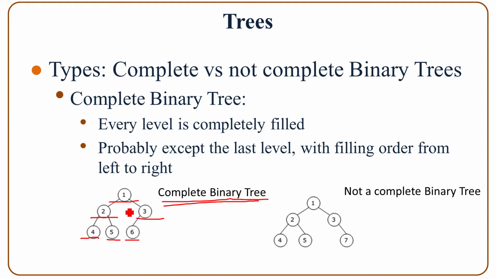So this tree doesn't have the most right node at the bottom level, and so it is a complete binary tree.